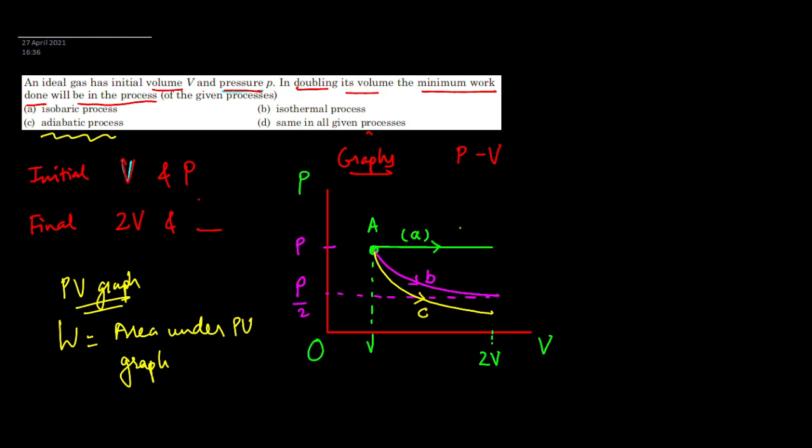So now looking at these A, B, C, in which one is the area under that graph, or area between graph and axis, more? In which one is the area highest?